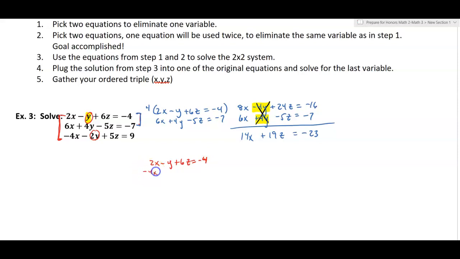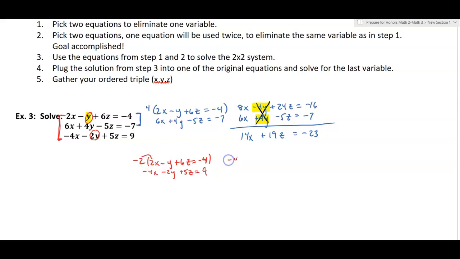The bottom equation, negative 4x minus 2y plus 5z equals 9. Now I have to eliminate the y's. I have a negative 2y on the bottom. Can I turn the top equation into a positive 2y? To do that, I'm going to multiply by negative 2.